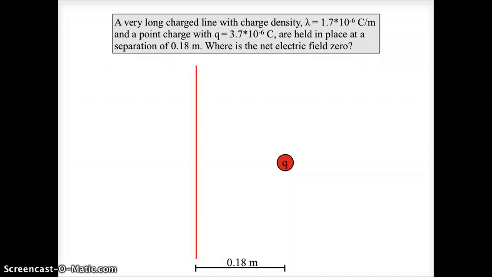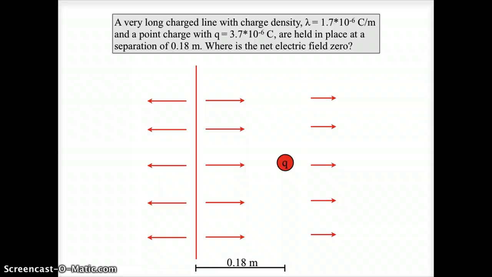So as always, we'll start with a picture. Here's our positively charged line charge. Here's our point charge Q, separated by 0.18 meters. This is the electric field just from the line charge.